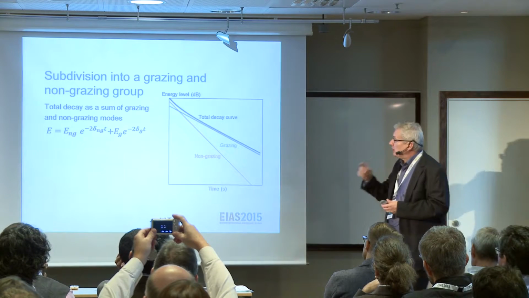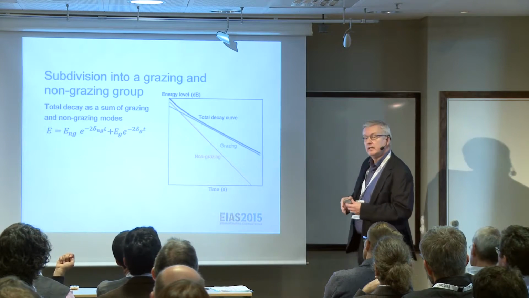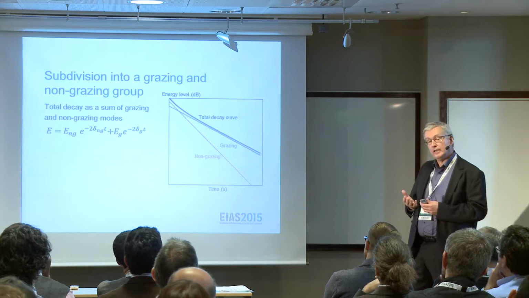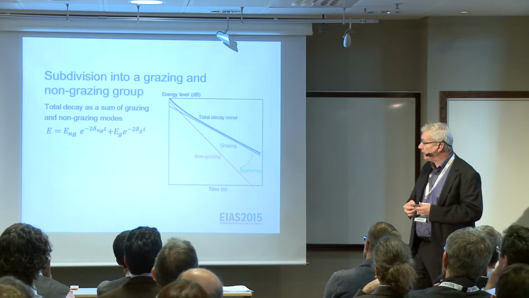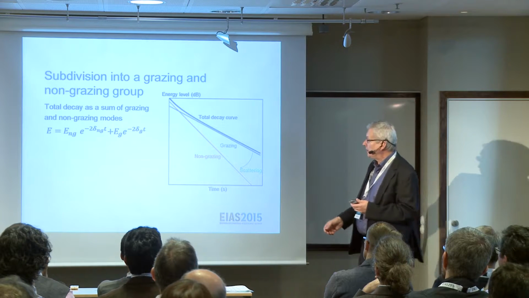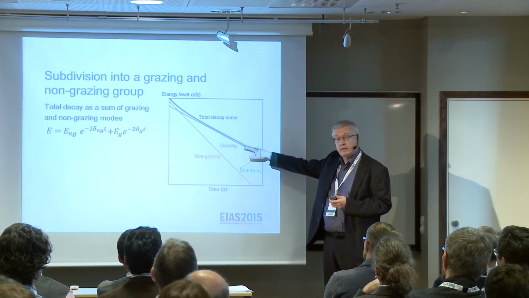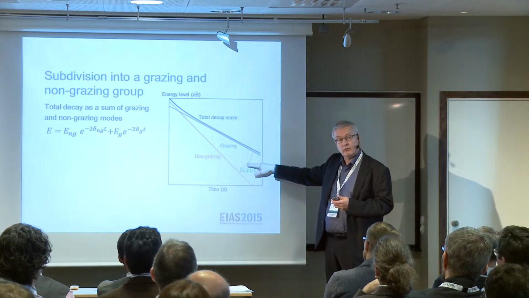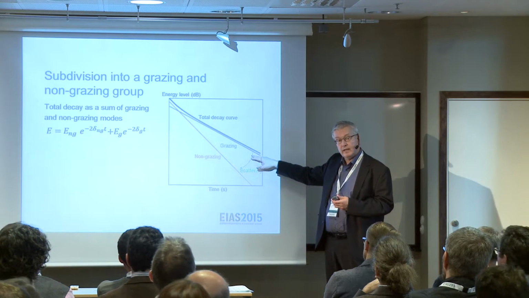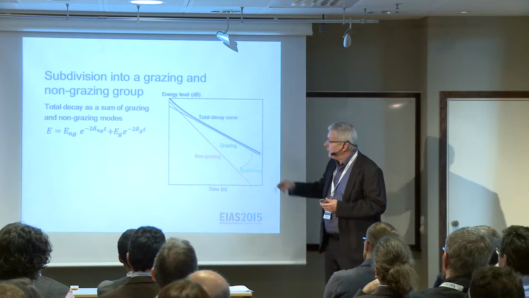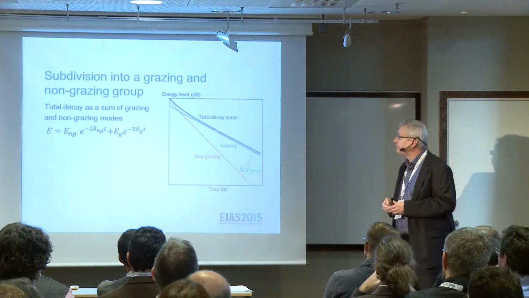But one advantage with this approach is that scattering could be handled quite easily, because we can assume that scattering could be interpreted as an energy transfer between the grazing part and the non-grazing one. And that could be quantified. So that makes it a little bit easier to handle.